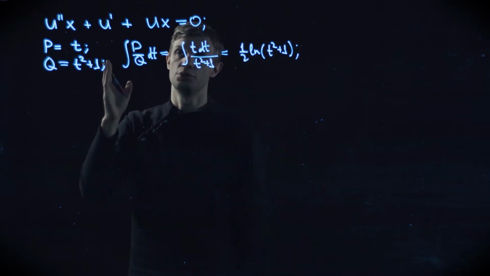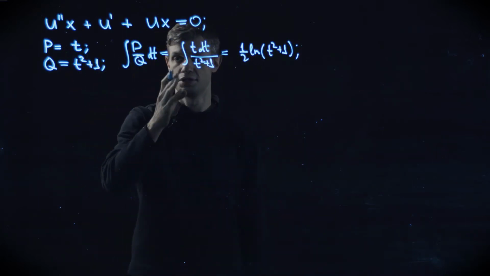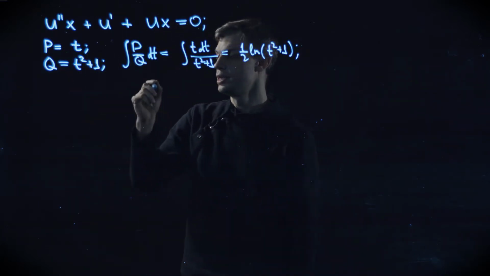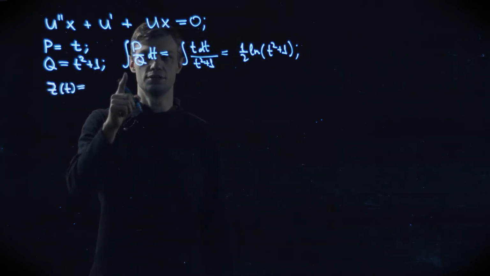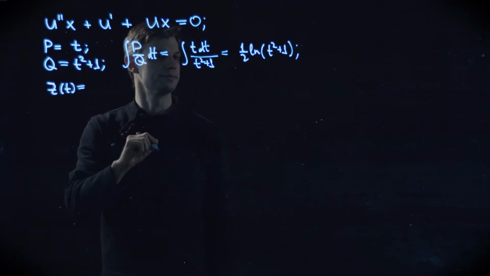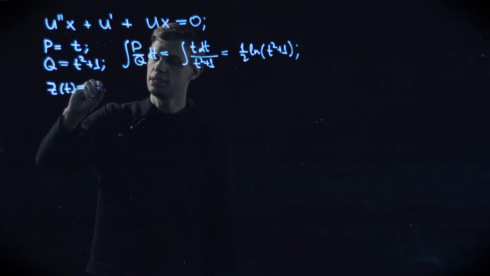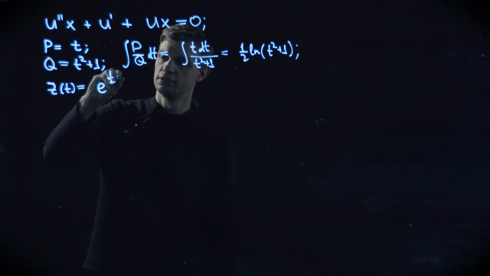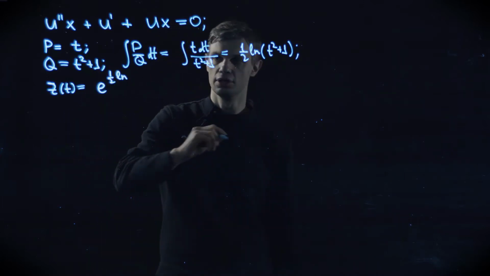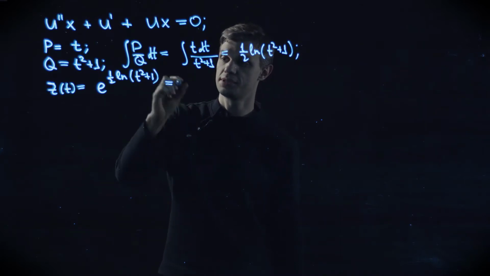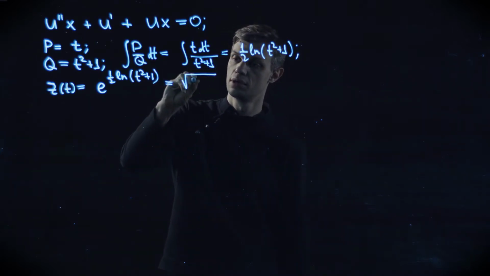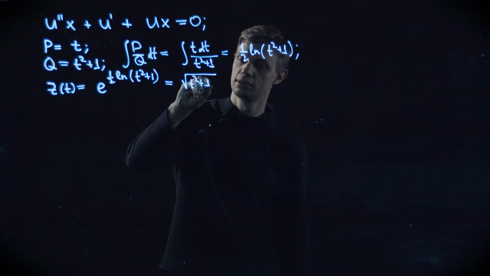Now we are ready to write down the exact solution of this differential equation in terms of a contour integral. The z function is e to this integral, so it's e to 1/2 of the corresponding log, which is simply the square root of t squared plus 1.